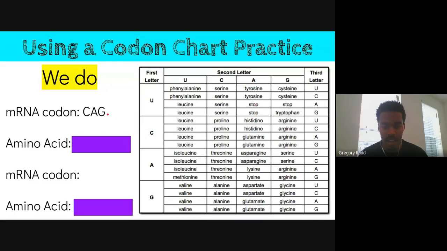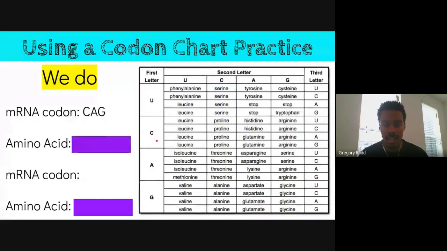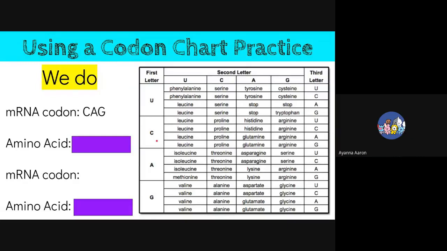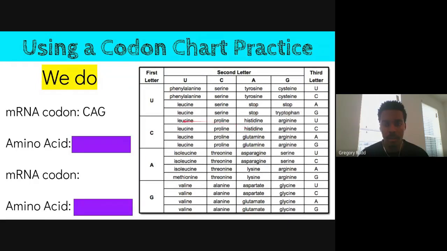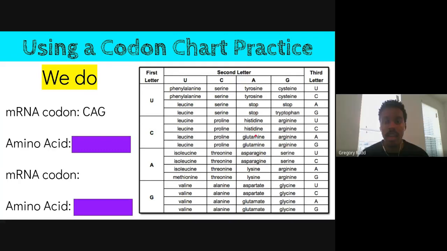Okay, so what's the first letter of this codon? C. Okay. Second letter is? A. So what are my two options in that case? I'm looking right here. Histidine and glutamine. Excellent.